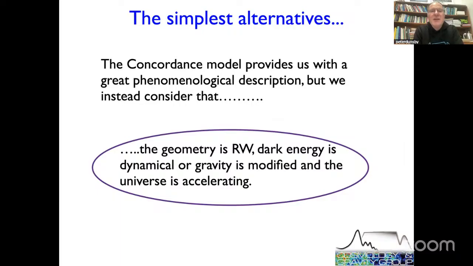So you still have a late-time acceleration, but the dark sector is dynamical. So either a modification of GR or some scalar field, which is modeling the dark energy dynamics.